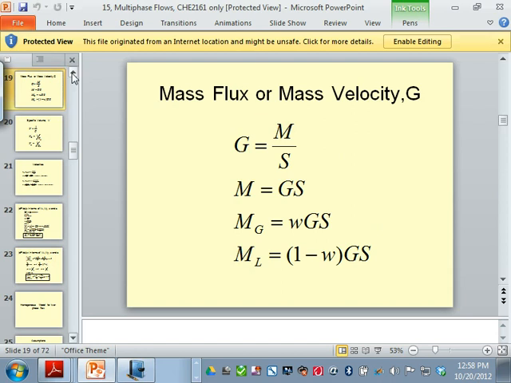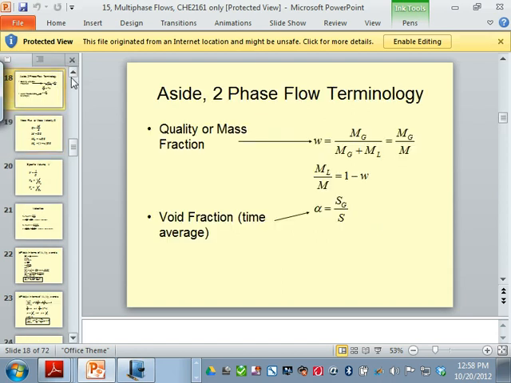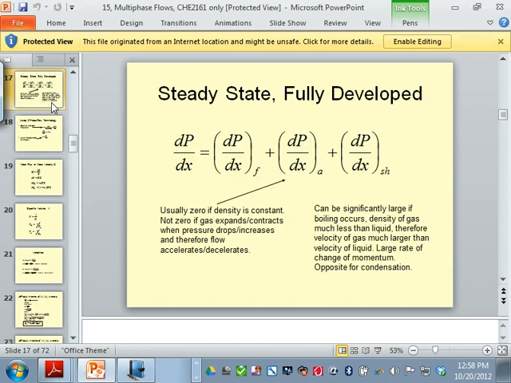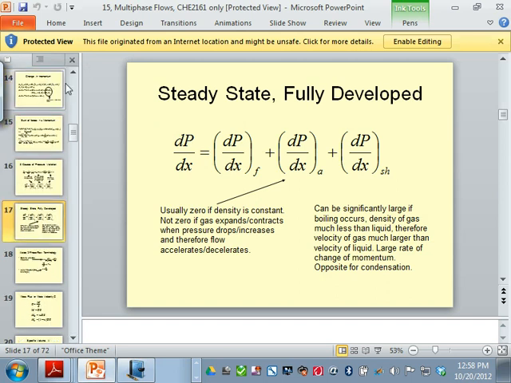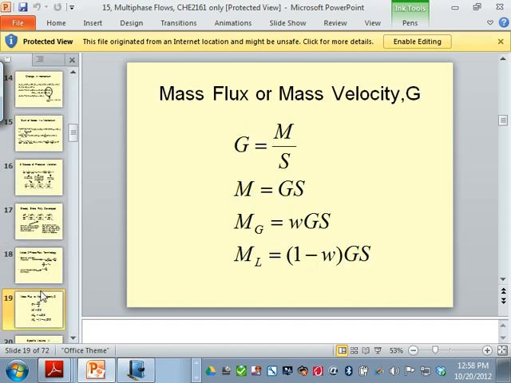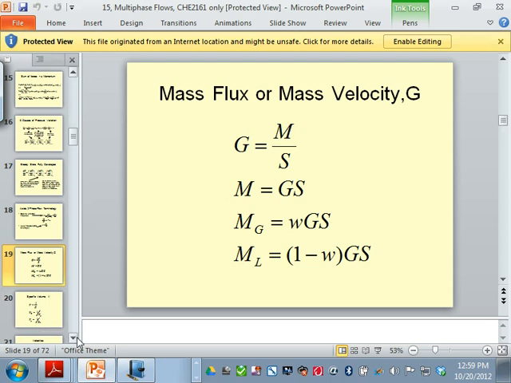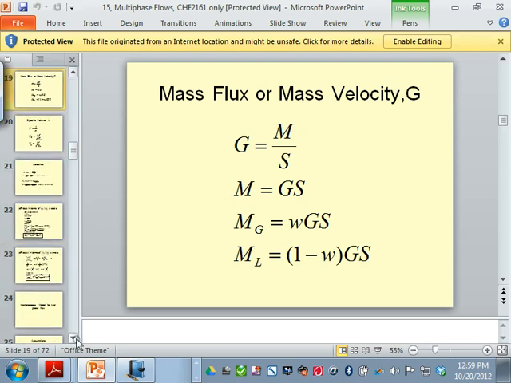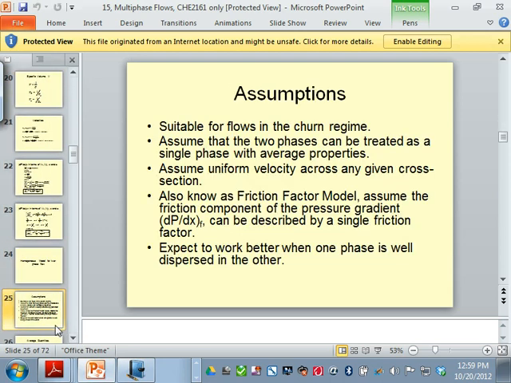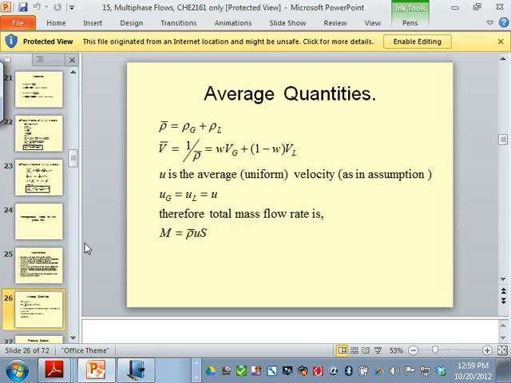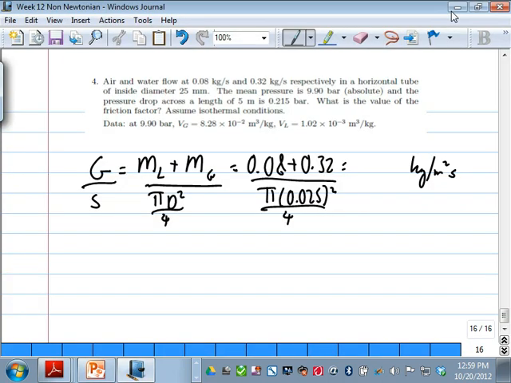I think we need to find all the specific volume first. We need this one. They give already VG, VL.